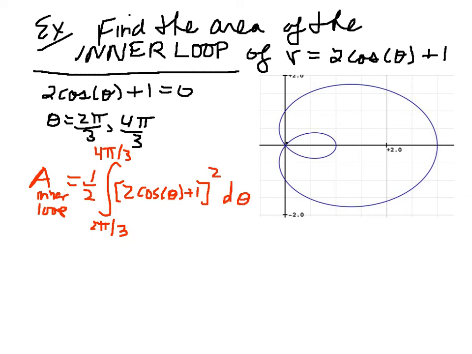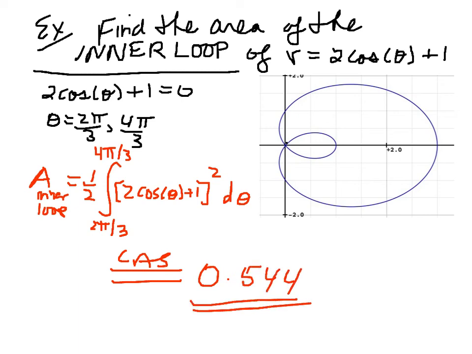And if we use some CAS tool here, we'll learn that this area is 0.544. Kind of neat. All right, let's stop there for a sec and move along to something different.